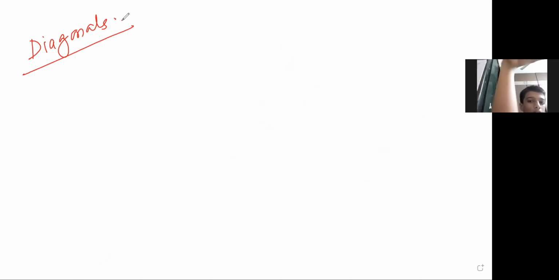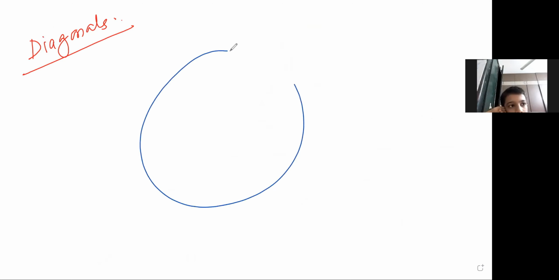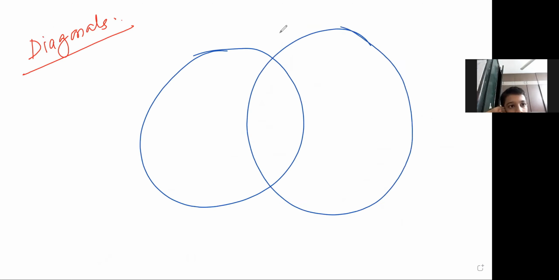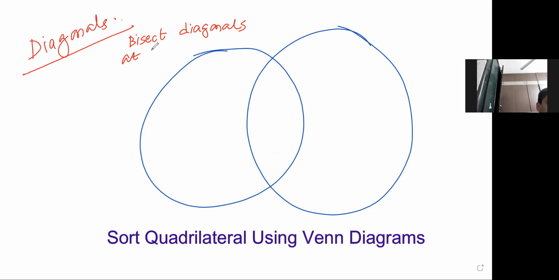So now, if I make a Venn diagram, right? And if I mention that we have one set where we have diagonals that bisect at right angles, this is set A. And the other set is we have one set of parallel lines, or let us say two sets of parallel lines.